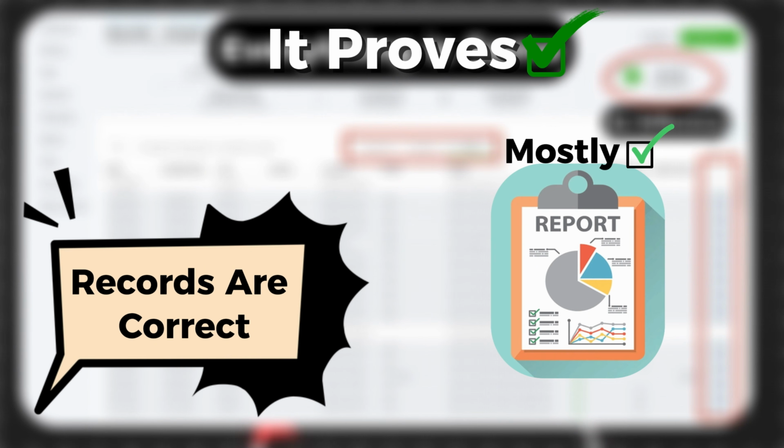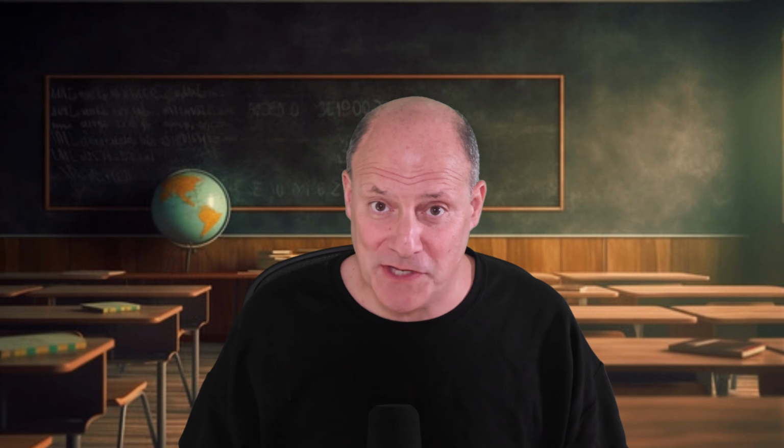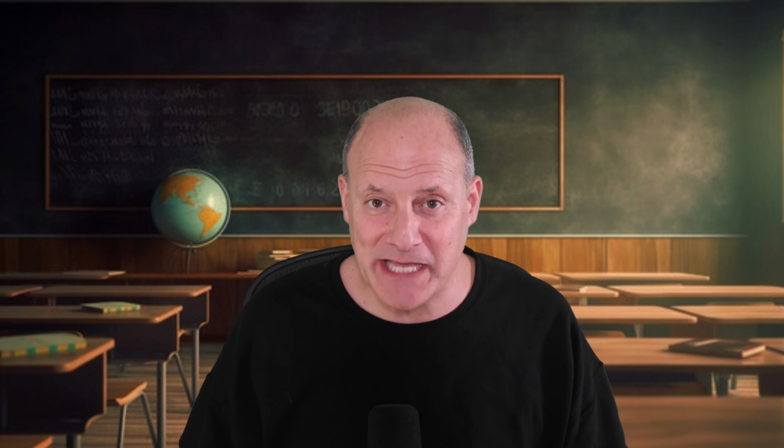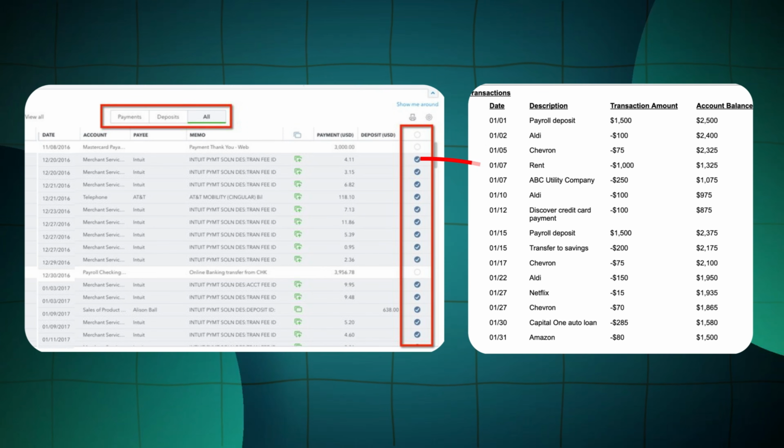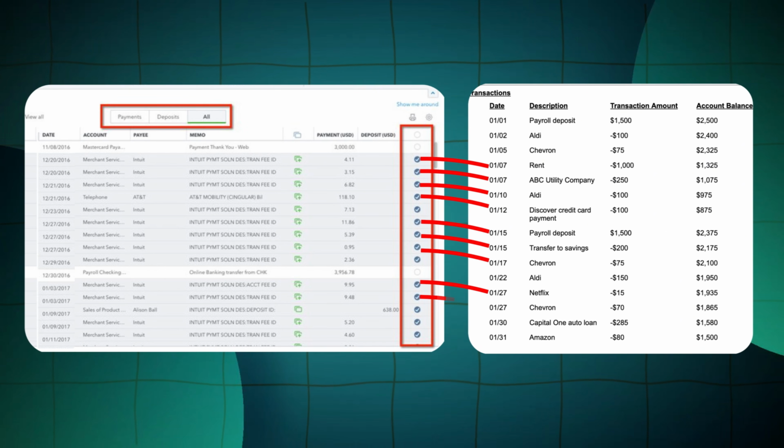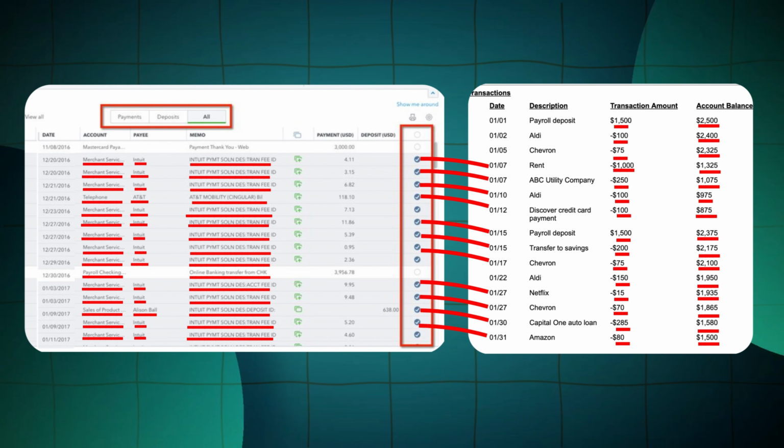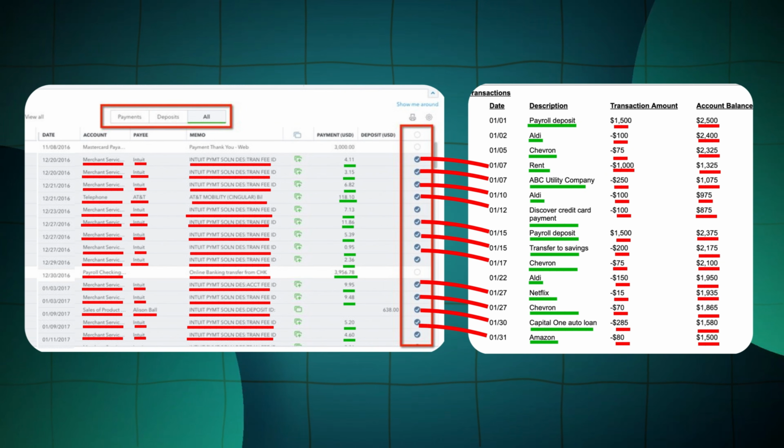Now, here's the first big question that comes up as soon as I explain the bank reconciliation process. When you're comparing your transactions to the same ones on the statement, are you actually looking at every single field of data within every transaction that you're comparing in both places?